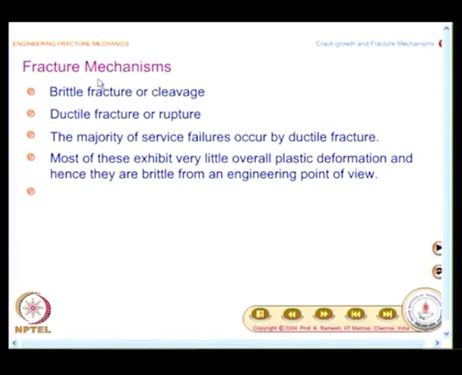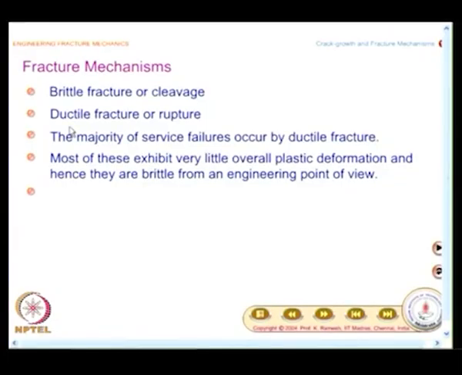Though we have two fracture mechanisms, the majority of service failures occur by ductile fracture. In the local region near the crack tip it is plastically deformed, but the structure as a whole still behaves in a brittle fashion. If you look at the mechanisms of fracture, you classify in a subtle fashion as brittle and ductile.